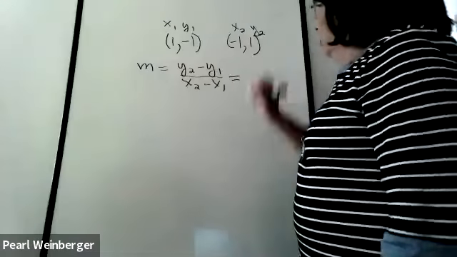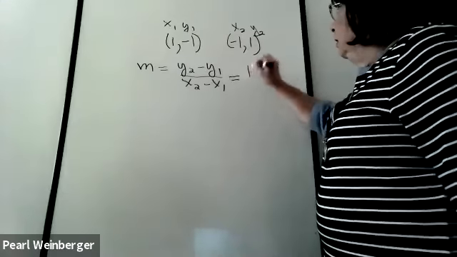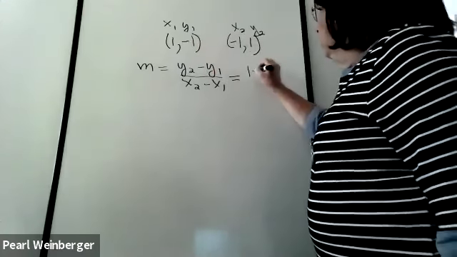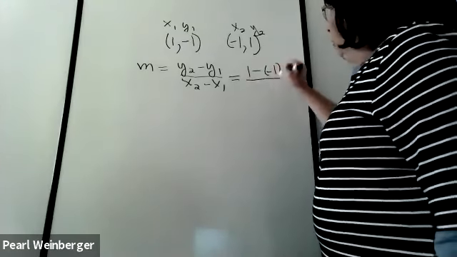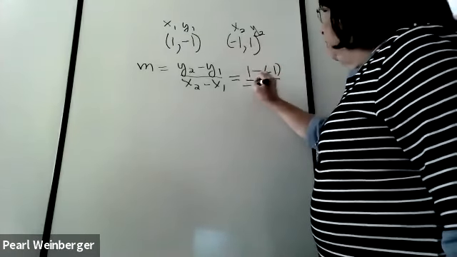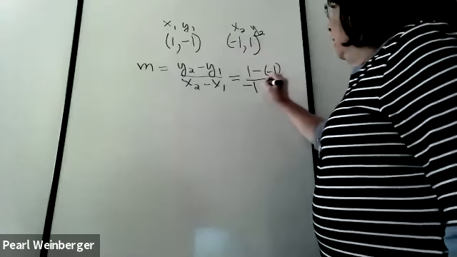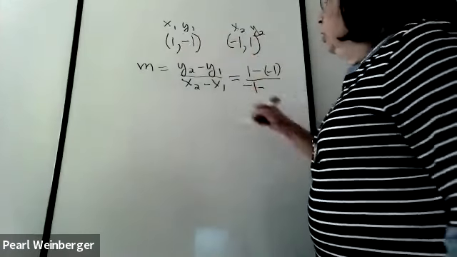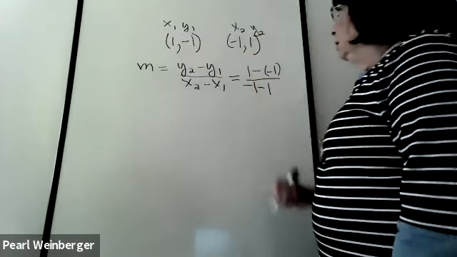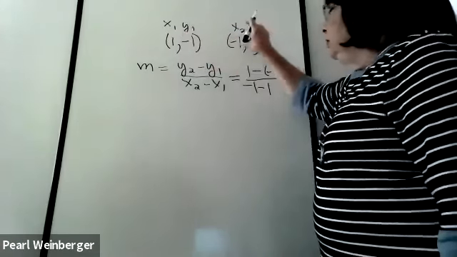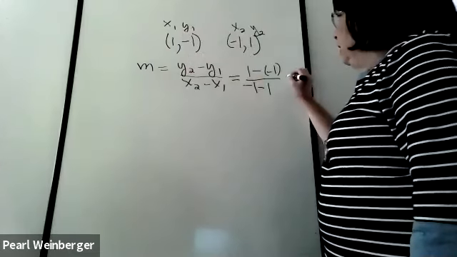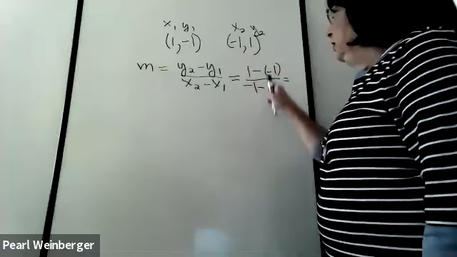If I fill in these numbers, y2, which is 1, minus y1, which is -1, over x2, which is -1, minus x1, which is 1. I label the numbers, and now I fill them in, and I just have to finish this up.